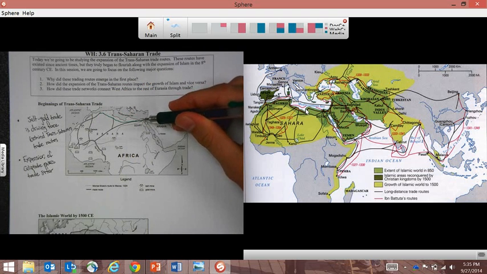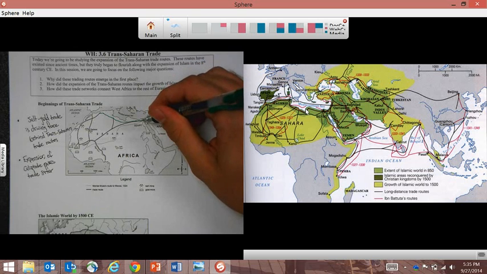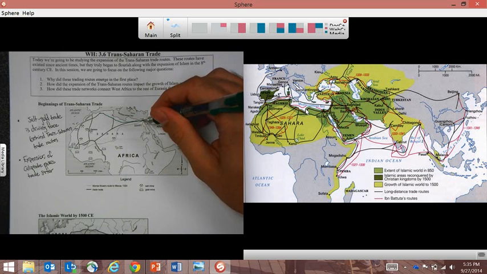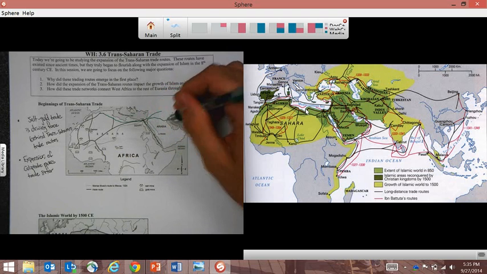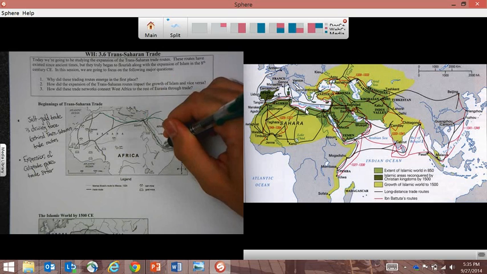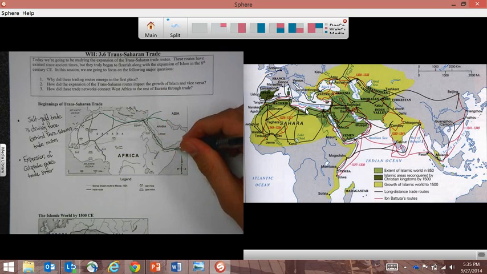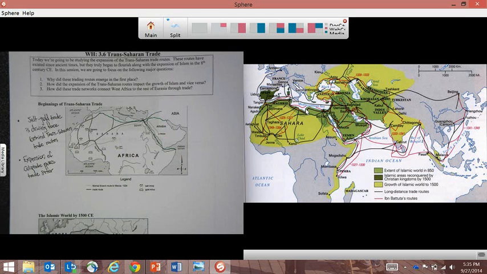And from there, these goods can make their way up here to the Silk Roads, but even more so through the Red Sea, across Arabia into the Persian Gulf, but then out into the Indian Ocean, and basically to gain access to trade around this post-classical world.